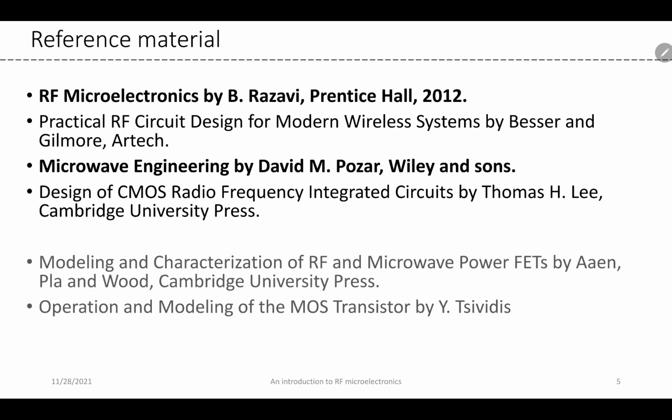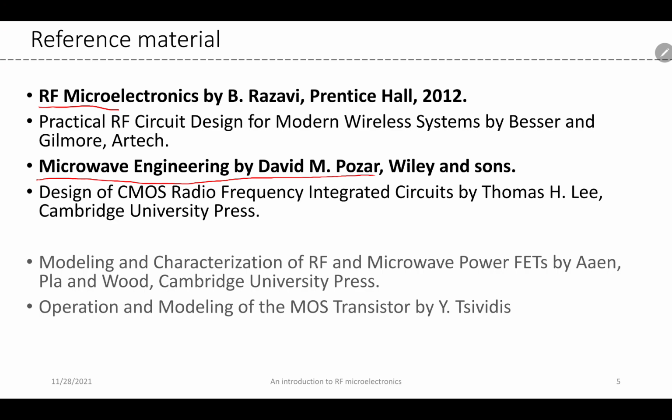Now, I'll be following certain books, with varying details. The key books I will be following throughout this course would be RF Microelectronics by Behzad Razavi and Microwave Engineering by David M. Pozar.